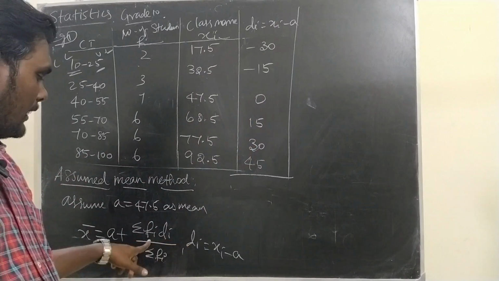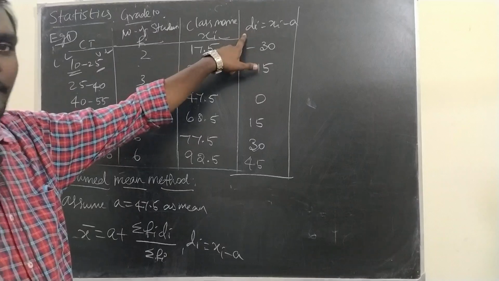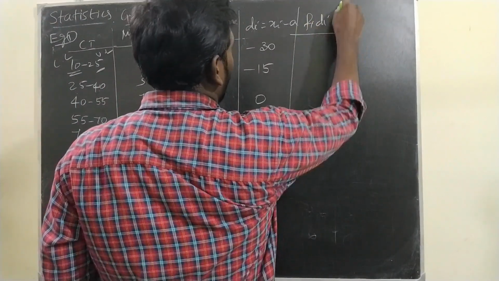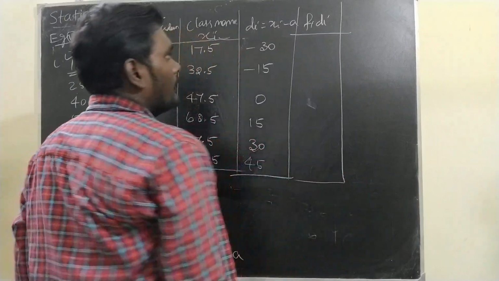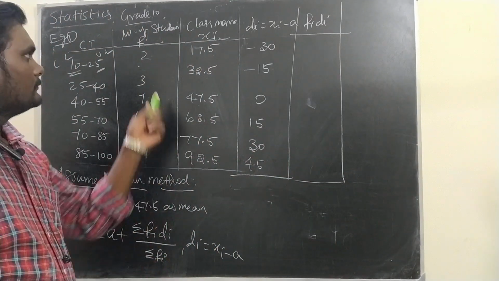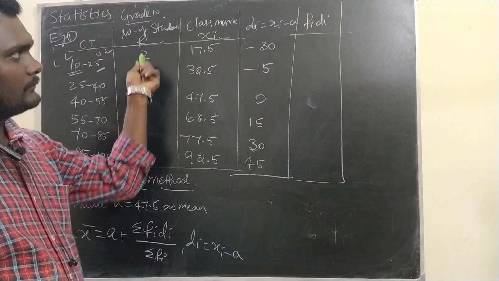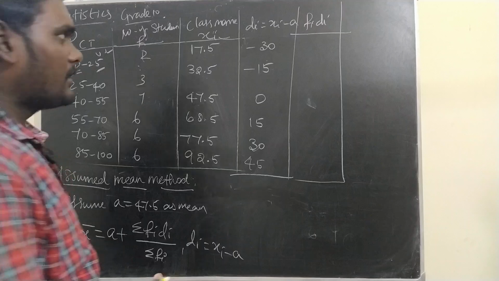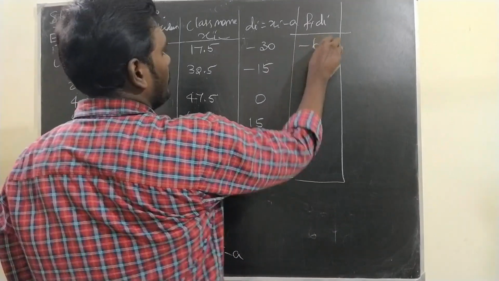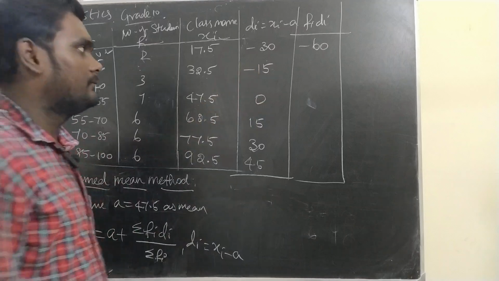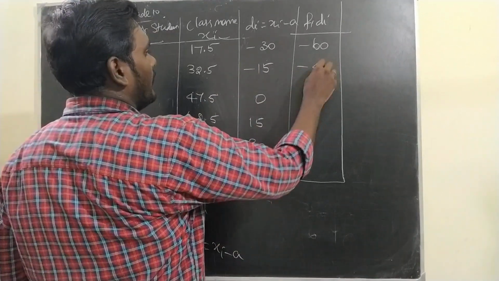So as per the formula, Fi di we need to calculate. di I calculated, right? So Fi di. Fi di means what? Which two we have to multiply? Fi and di. 2 times minus 30, how much? Minus 60. 3 times minus 15, minus 45.